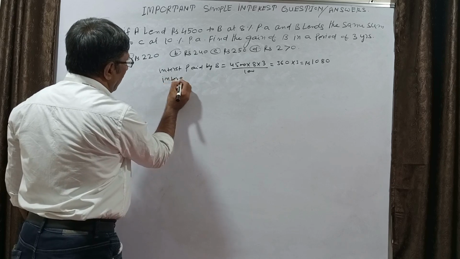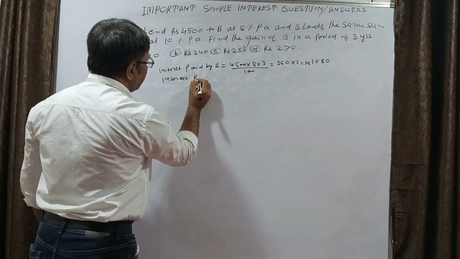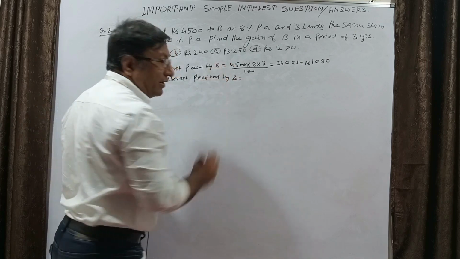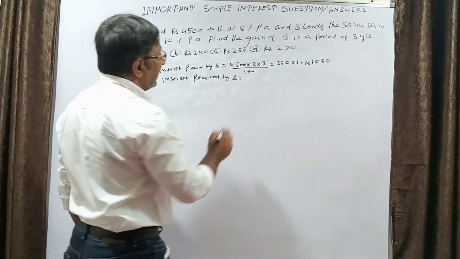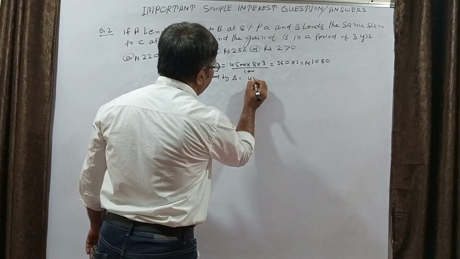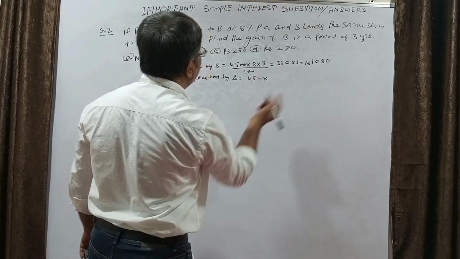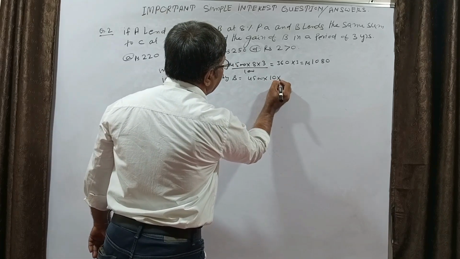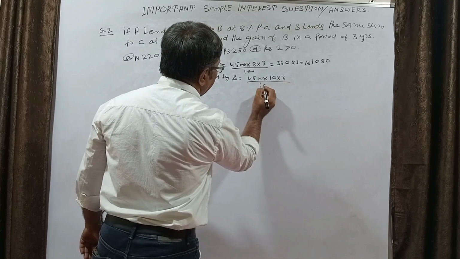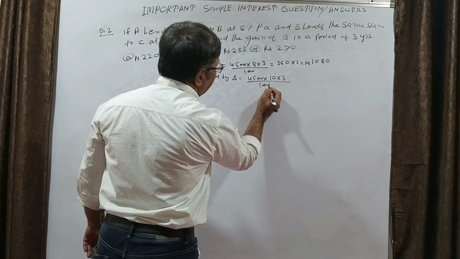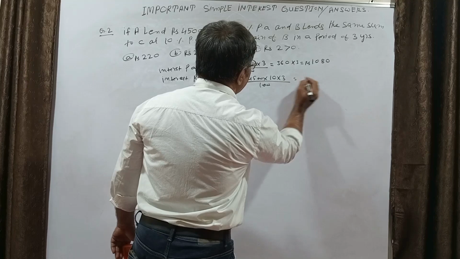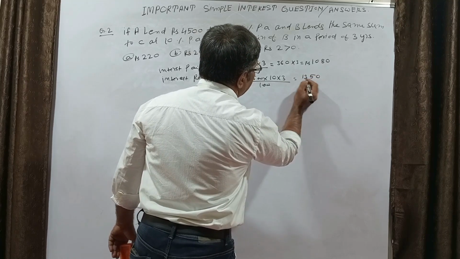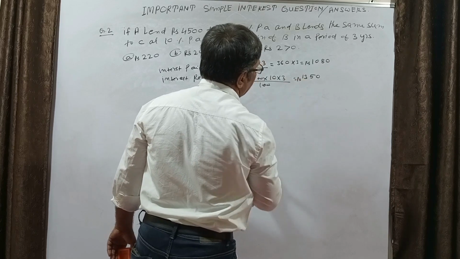Now see how much interest B received. Again the principal is the same, 4,500, but the rate changes to 10%. So this is 10, the time period is the same, divided by 100. These cancel out. 3 fives are 15, 3 fours are 12, plus 1 is 13, so 1,350 rupees.